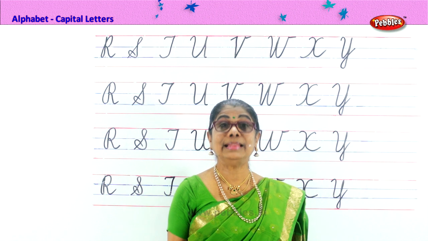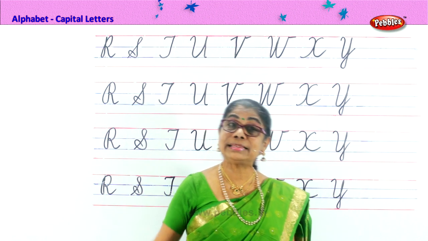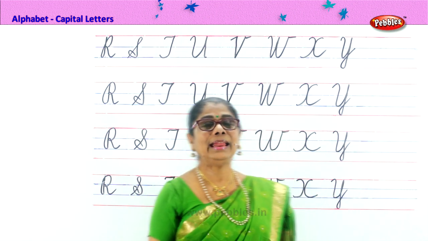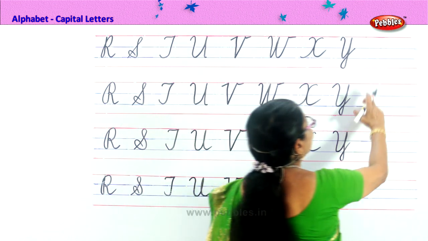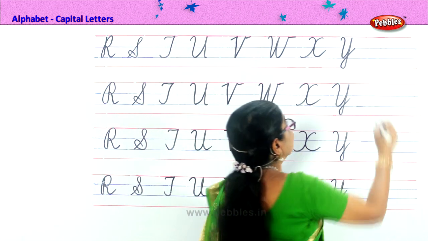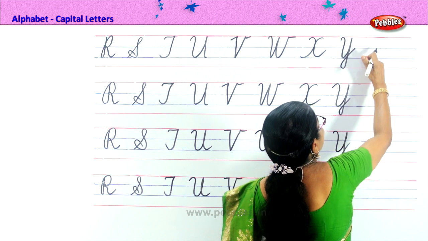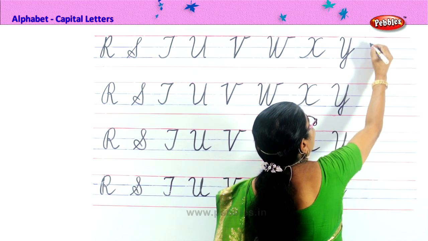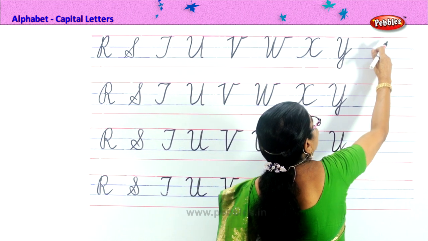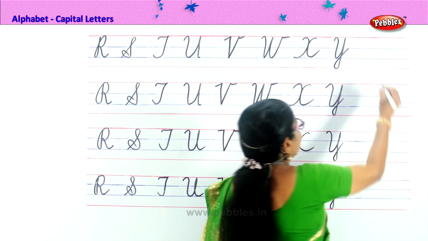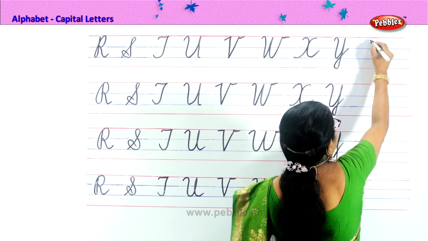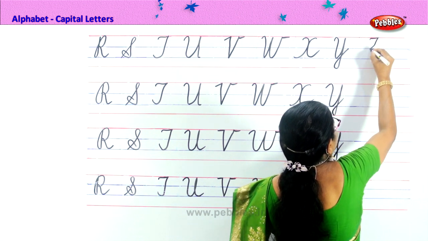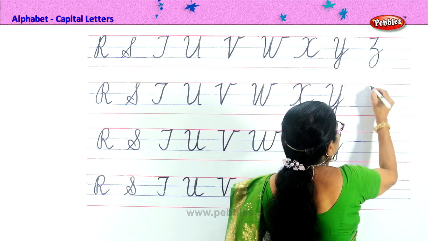Next is finally the last letter. What's the last letter? Z. What's the sound? Z. Again, letter Z, we use all the 4 lines. Now, we begin from the top and comes right down. All right? We begin from the top, you come down. Now, Z, we begin from the top and then it goes right down here.